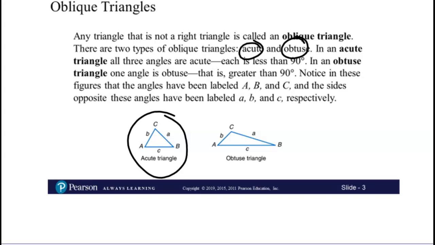An obtuse triangle has one angle that is greater than 90 degrees. One of the things I want you to notice is that the angles are all labeled as capital A, B, and C, and the sides are labeled as lowercase a, b, and c. We'll use this naming protocol throughout the videos.